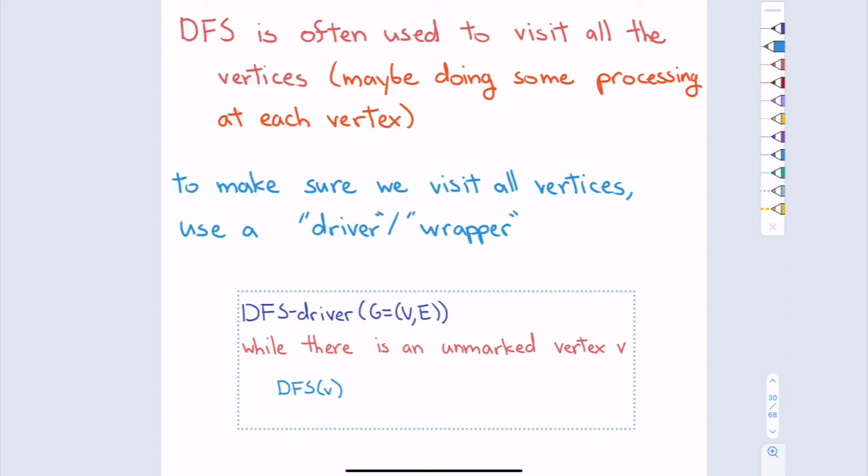So the simple idea is to wrap the whole thing in a loop. Call DFS from V for every V. When vertices are already marked, you just skip it, so you won't waste any time. There are a lot of situations that call for this. One is coming up. Of course, this general idea of a driver is not at all particular to DFS.